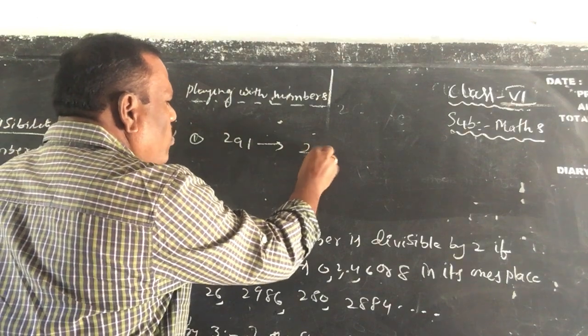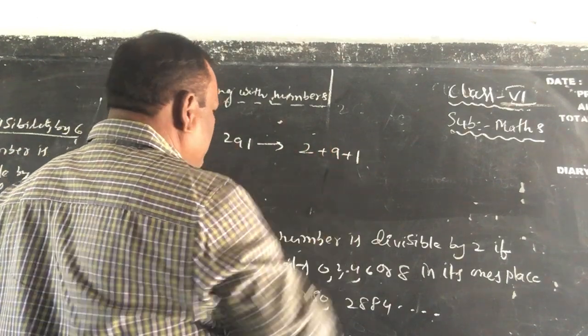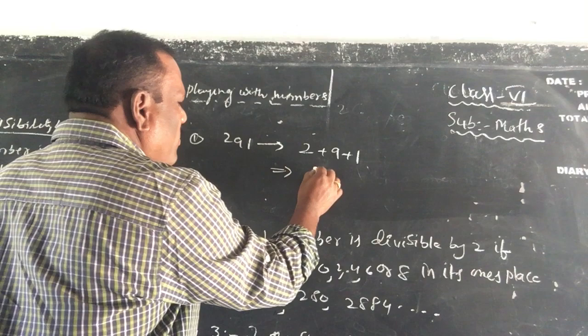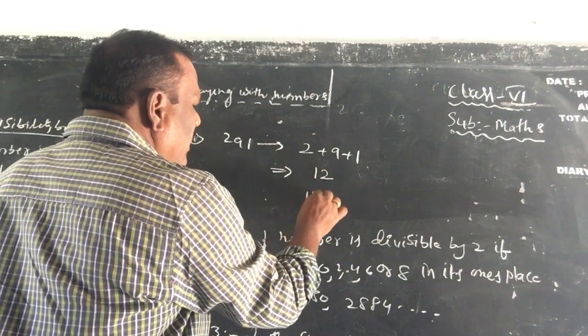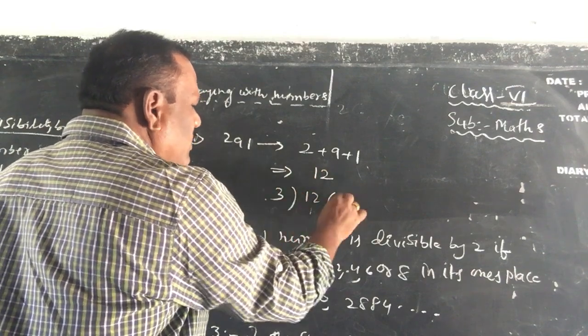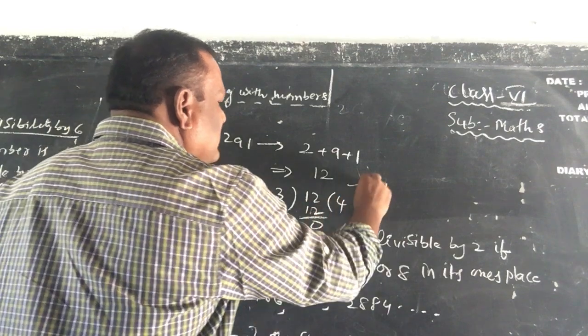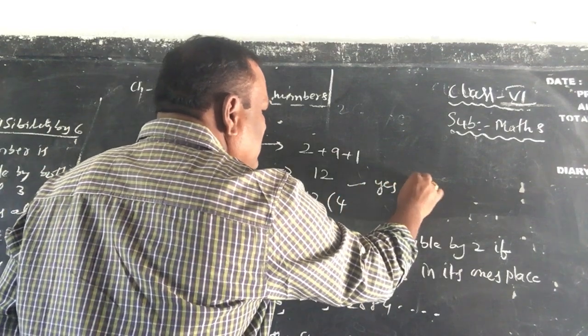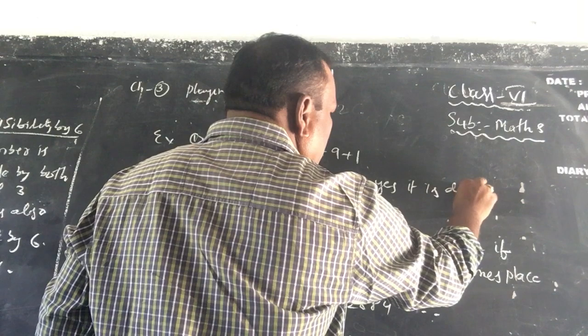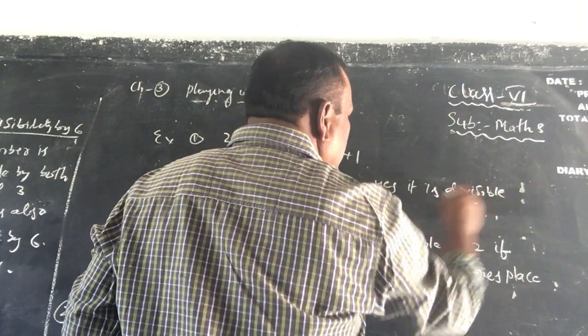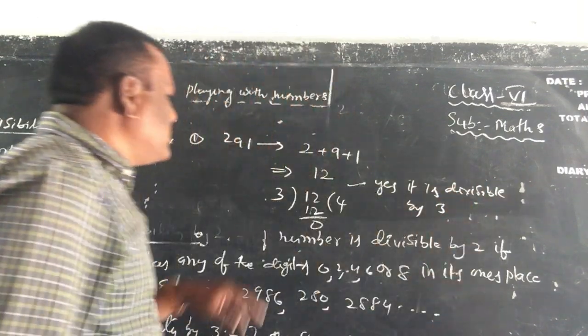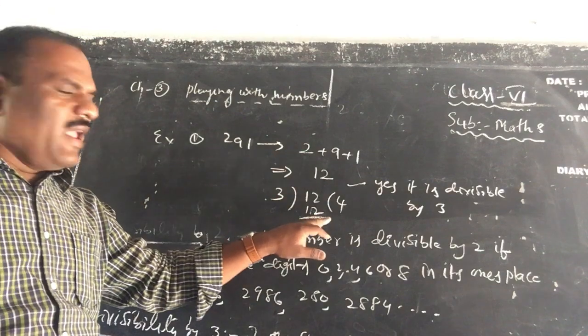The sum is 2 plus 9 plus 1, which equals how much, children? 12. 12 is divisible by 3, since 3 fours are 12. So yes, it is divisible by 3 because the sum of the digits is divisible by 3.